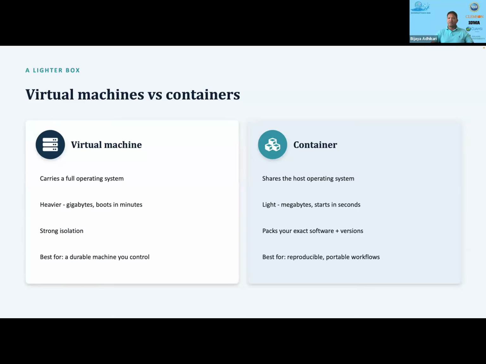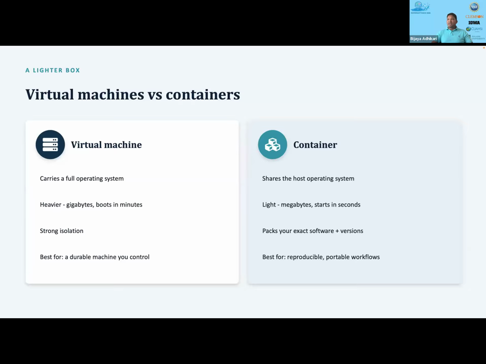It's best if we want a durable machine where we have ultimate control. What's a container? A container is basically a system that lives within a host operating system. It's light and it packs the software that we need, and it also provides version control. So this is for reproducible, portable workflows.